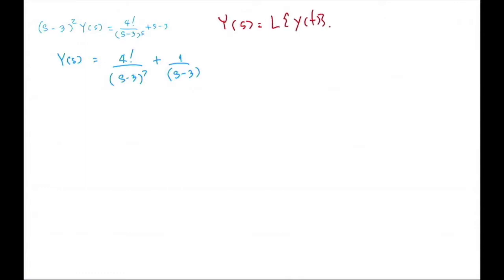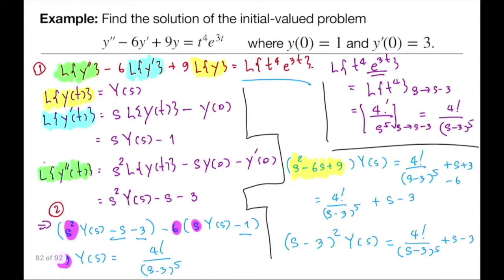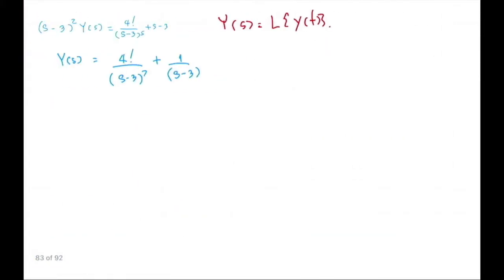But the solution that you want is y(t), right? So in that case, we will solve for y(t), which is the inverse Laplace transform of Y(s). That is actually y(t).